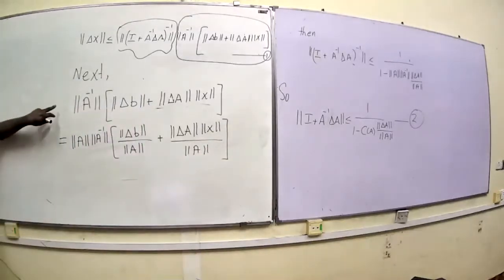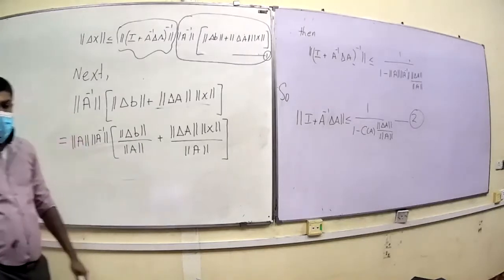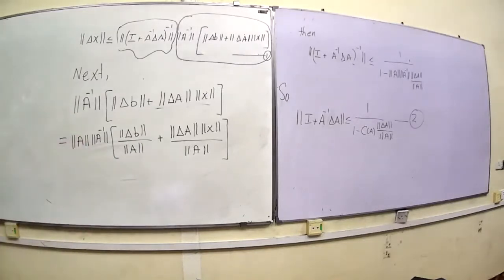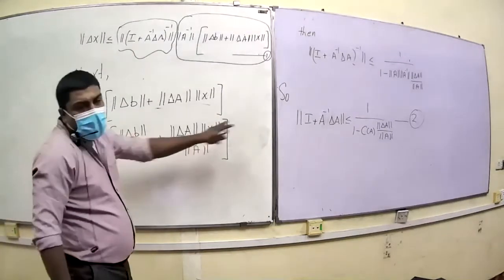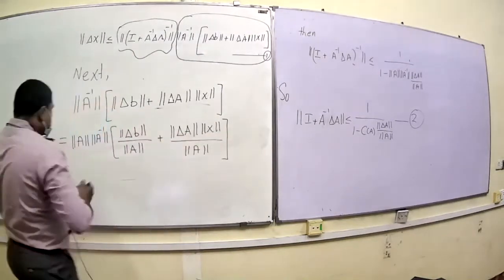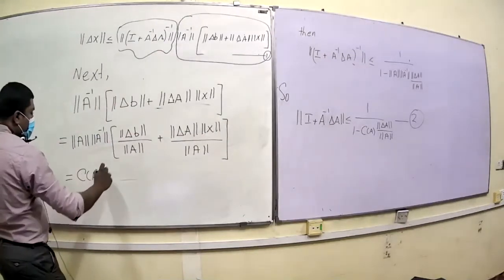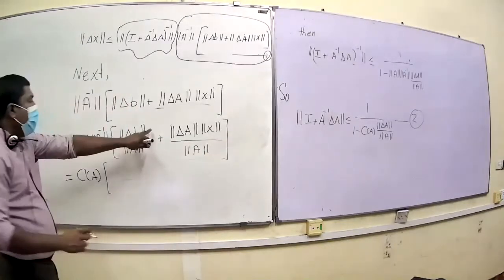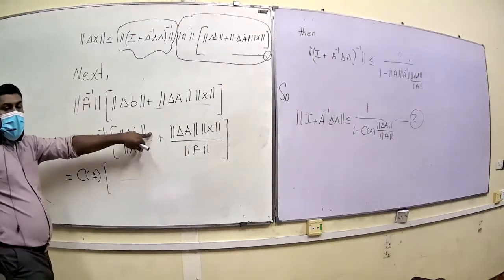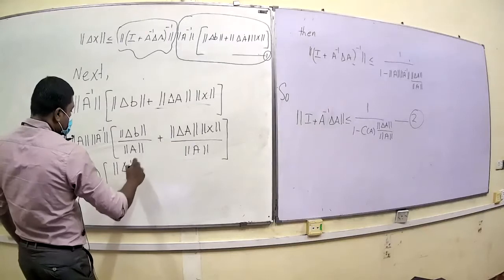Okay. So to bring condition number of A, what we did is we multiply and divide by norm of A. But then you know that in the answer you don't have X. So you have to take this X out. So we will do that in the next step. So this is condition number of A. You know that. Now I want to take this X out. Right? So if I want to take X out, I have to take X from here. There is no X. So I will take it as this.